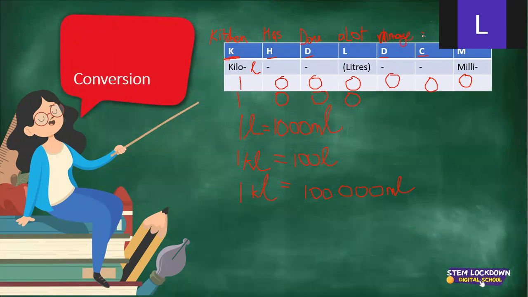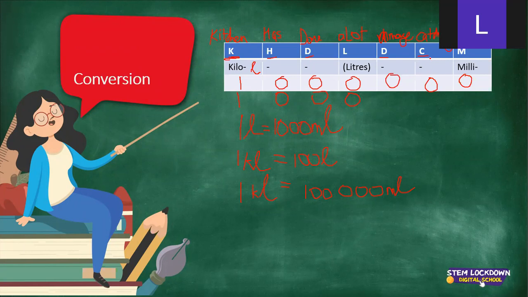C is for catching. So this way, there's no way you can forget this. Kitchen has done a lot of damage catching. M is for mice. So that's how you remember the K, H, D, L, D, C, M. So I think it's simple thus far.